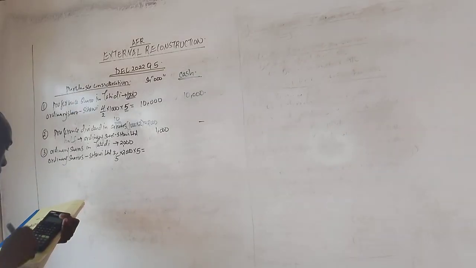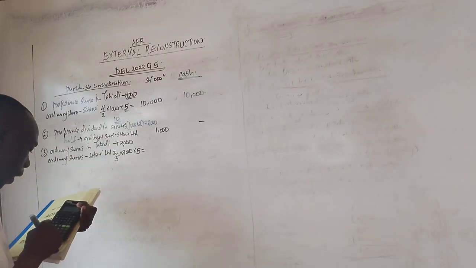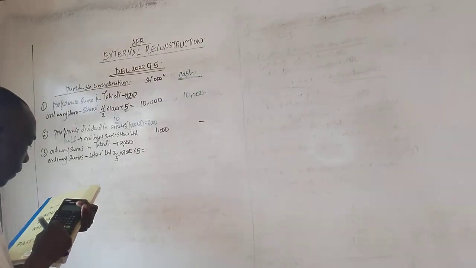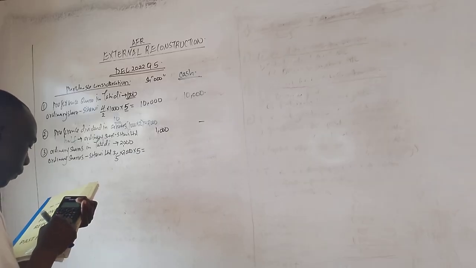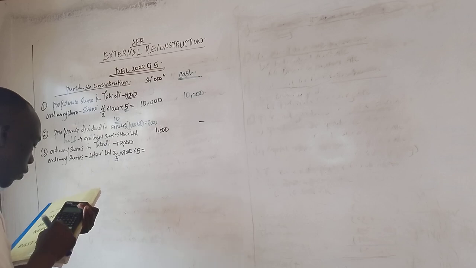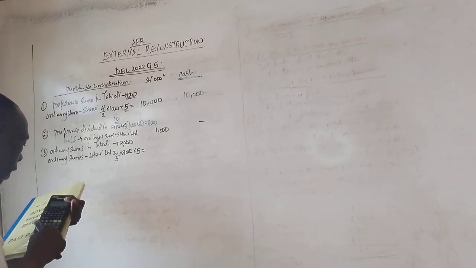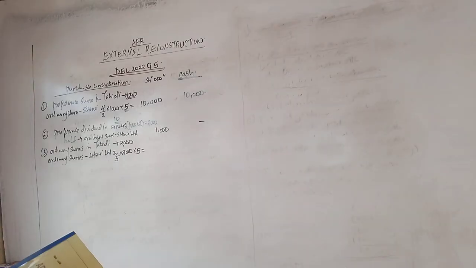So in this case, it is 3 out of 5. Then you multiply by 2,000, then you multiply by 5 shillings. So the company paid for them 6,000.